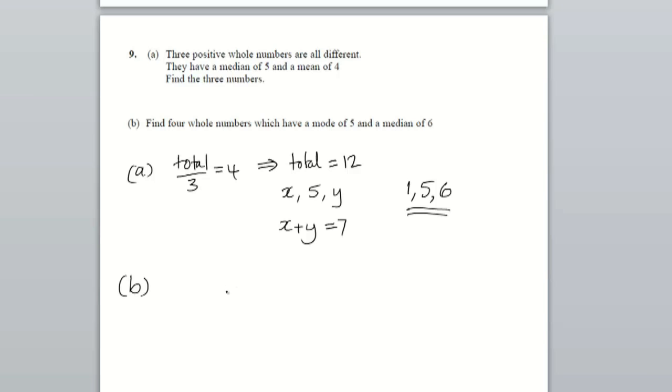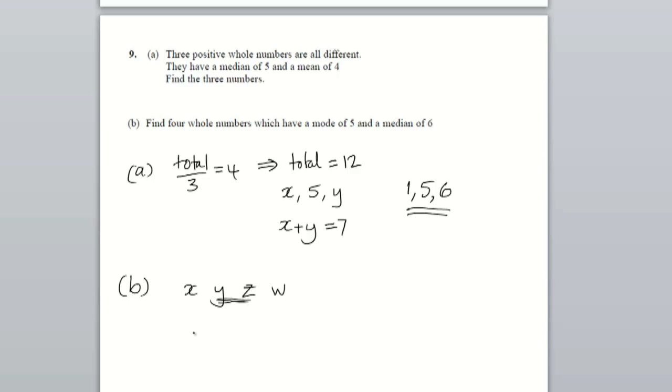Part B. 4 whole numbers which have a mode of 5 and a median of 6. So there's 4 numbers, x, y, z and w, a mode of 5 and a median of 6.